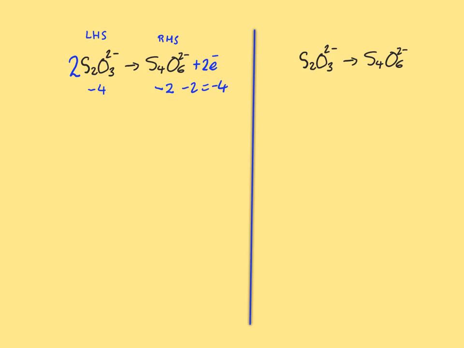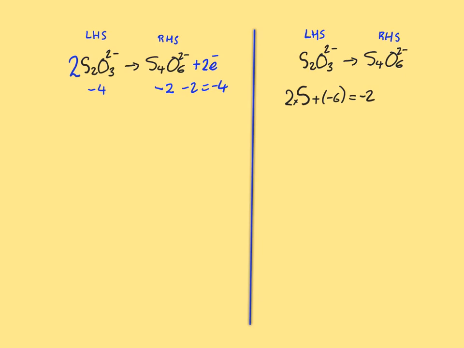Let's now do this using the oxidation number method. This is the left-hand side and the right-hand side. So let's work out the oxidation state of the sulfur in S2O3 2-. So 2 lots of sulfur added to 3 lots of oxygen, and we know that oxygen always has an oxidation state of -2, equals -2.